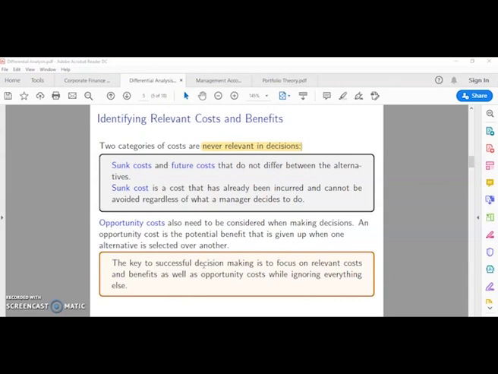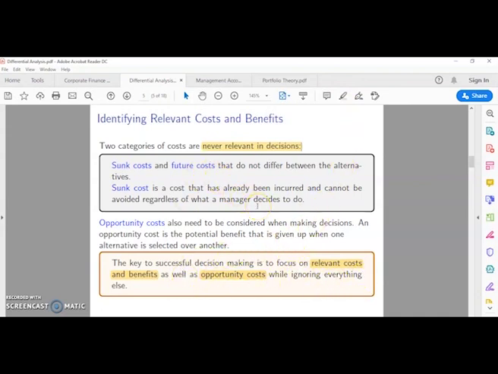And the key to successful decision making is to focus on relevant costs and benefits, as well as opportunity costs, while ignoring everything else.